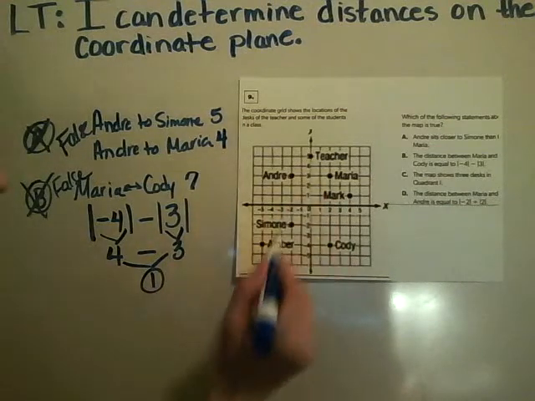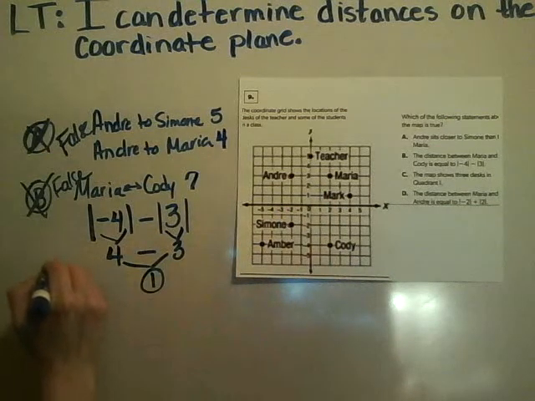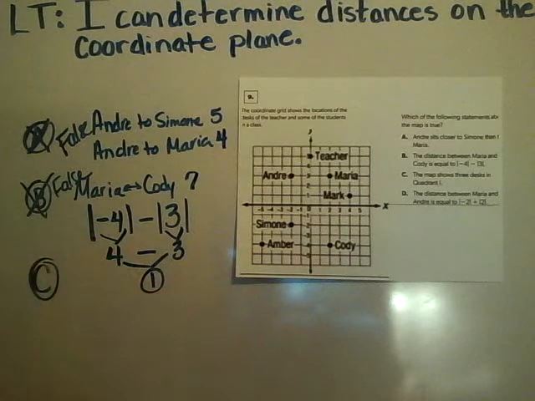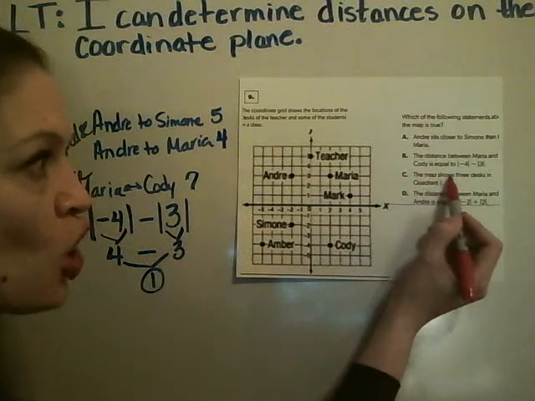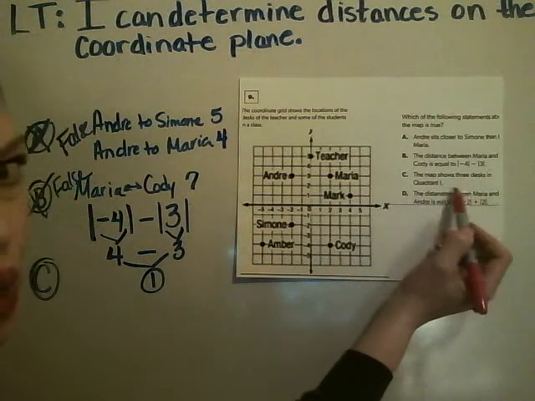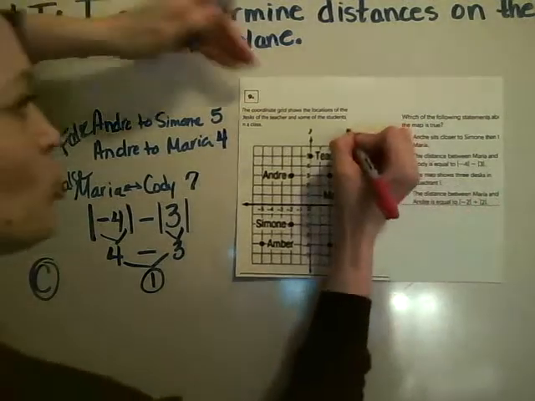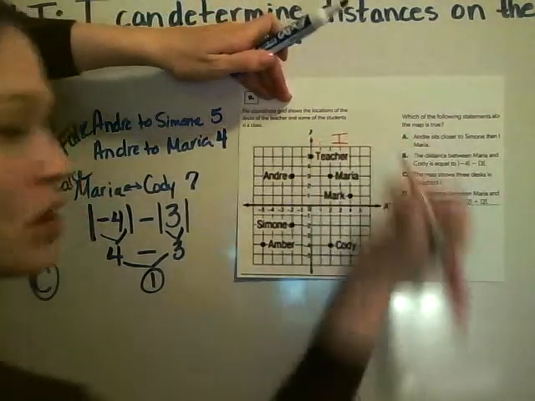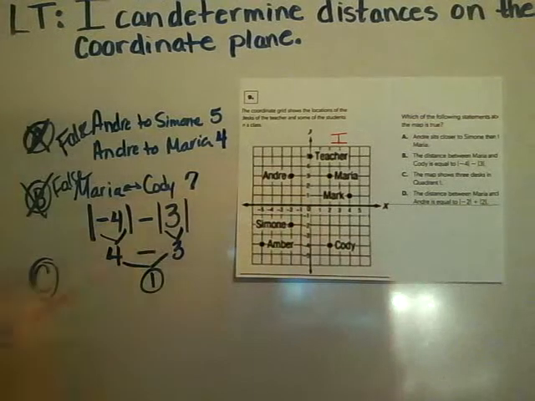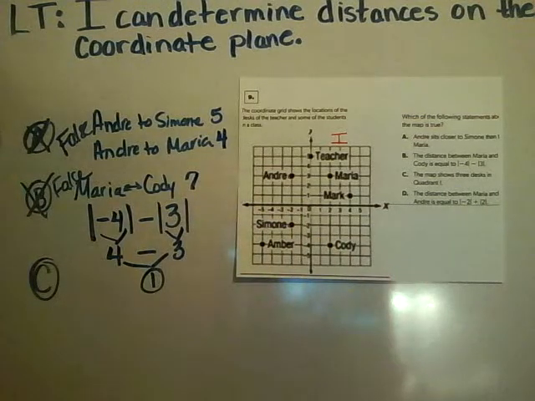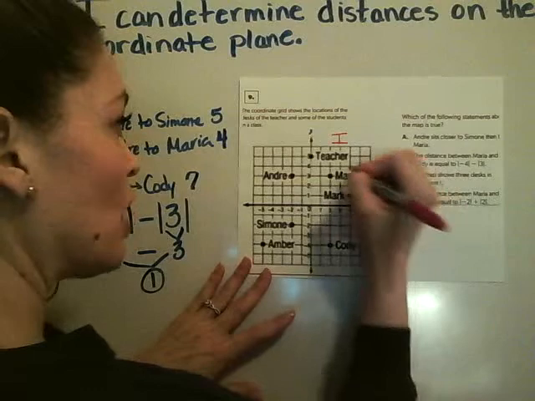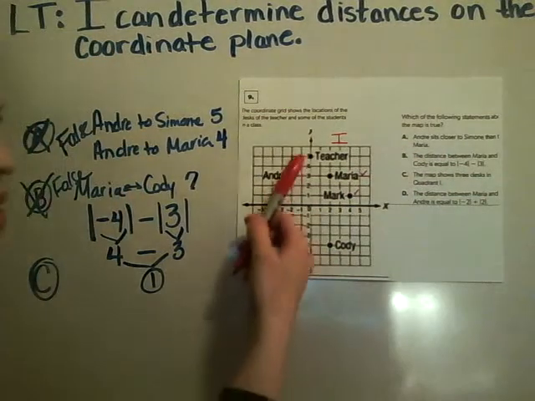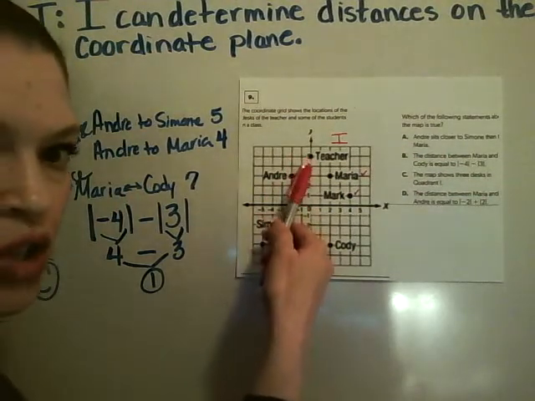All right, going down to C. C says, the map shows 3 desks in quadrant 1. Well, we know that quadrant 1 is right there. But how many desks are in quadrant 1? Well, we do have Mark and Maria. That's 2 desks. What about the teacher? Is the teacher in quadrant 1?